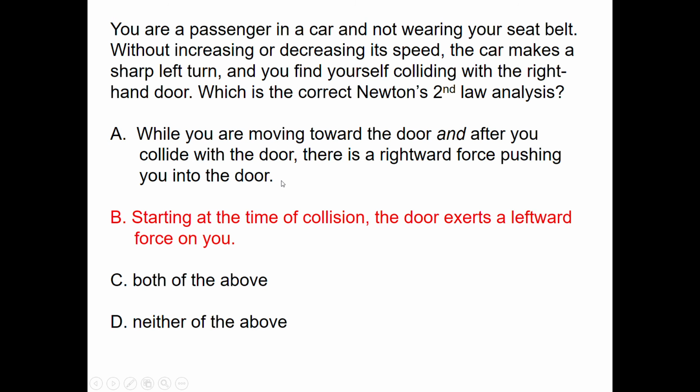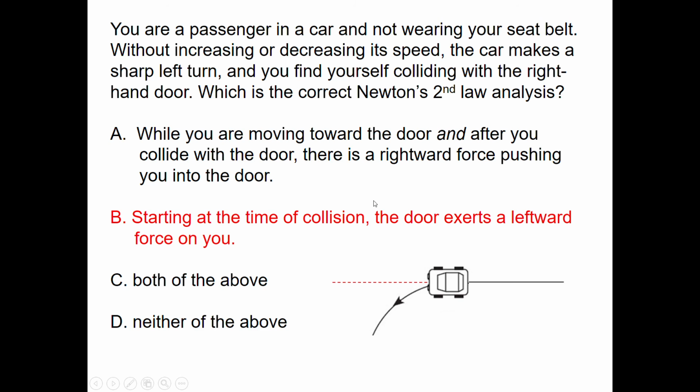Even though I think I see myself being pulled toward the door, there's no force pushing me toward the door, as is stated in A. There's no force pushing me at all in the horizontal direction until I hit the door, and then it pushes on me. Imagine someone floating above as the car is driving by underneath, and at this instant the car suddenly starts making that left turn.